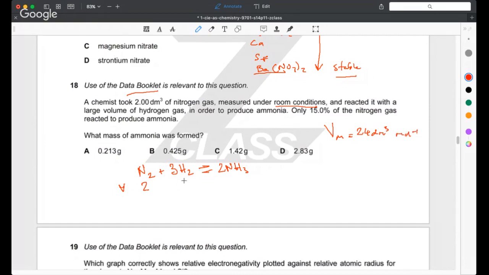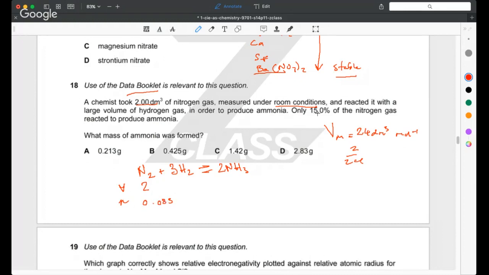If you've got 2 decimeters cubed rather than 24, then you can work out the amount, the number of moles. That's going to be 2 divided by 24, and that gives you the amount of 0.083 moles.